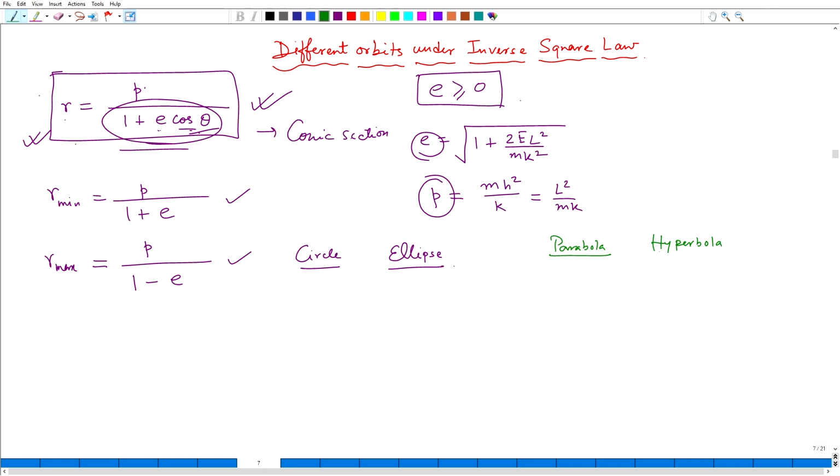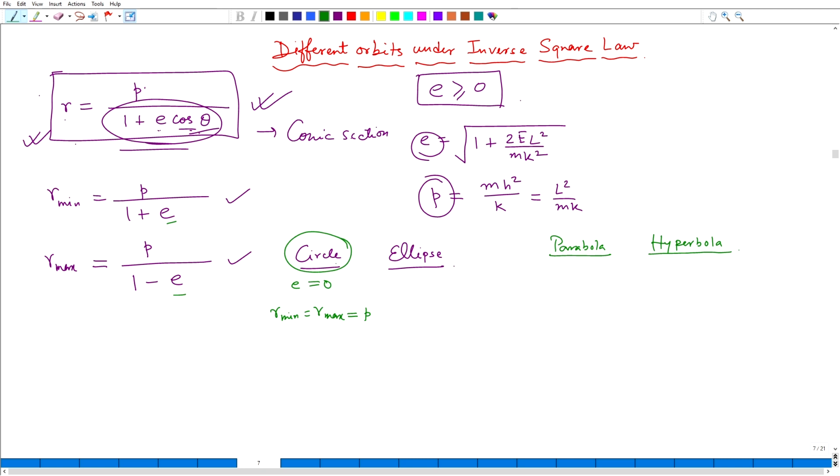I know their eccentricities. For a circle, eccentricity is 0. That means r min is equal to r max, and what is that? It is nothing but equal to p, because e is 0. Okay. And you will have a circle.